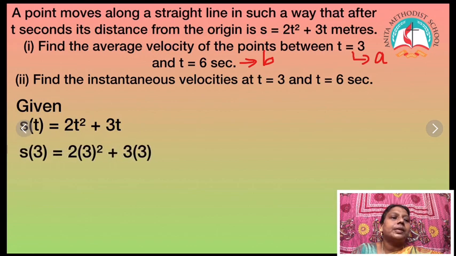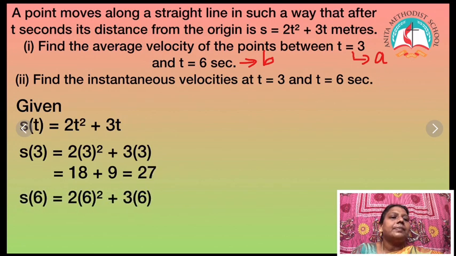First I am going to substitute the points. S of 3 is equal to 2 into 3 square plus 3 into 3. Simplifying this, 3 square is 9, so 18 plus 9 equals 27. Then I substitute t equal to 6: 2 into 6 square plus 3 into 6. If I simplify that, I get the value 90.